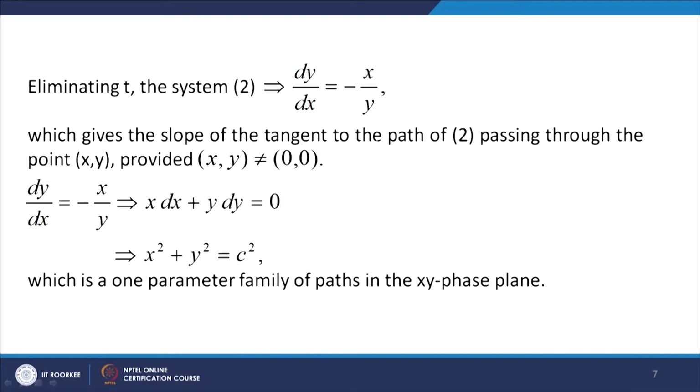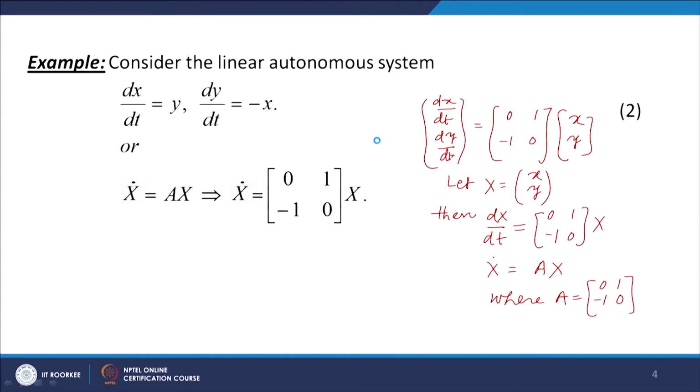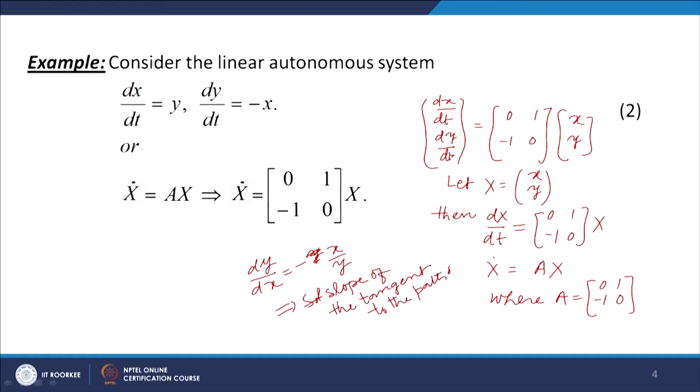So this is your system 2, dx over dt equal to y, dy over dt equal to minus x. So dy over dx is equal to minus x over y, and therefore this gives us the slope of the tangent to the path of 2 at the point (x, y), and C1 describes a path of the system 2.